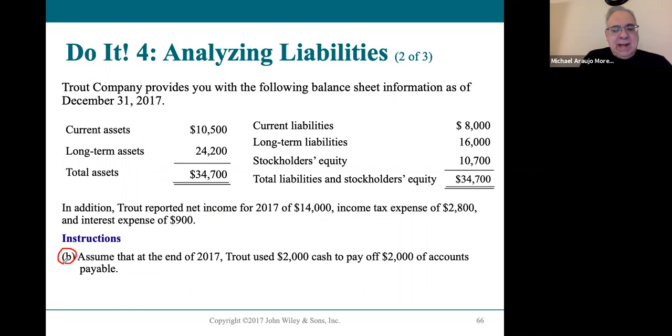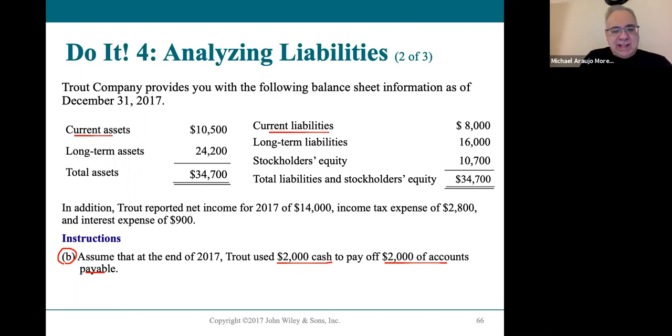Part B indicates a little twist. Let's say at the end of the year, they use $2,000 cash to pay off $2,000 of accounts payable. So they have less current assets, but they also have less liabilities. So what would the current ratio be if they use $2,000 of cash to pay $2,000 of current liabilities?